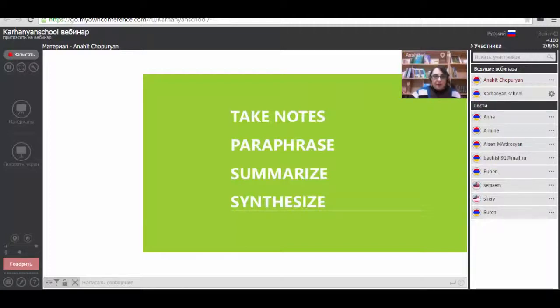About paraphrasing, this is the skill that you must develop by revising, by always paraphrasing different kinds of sentences. Summarizing is the skill that comes by itself. When you have reached a high level of English, it can be automatic. And synthesizing is the combination of all those skills.